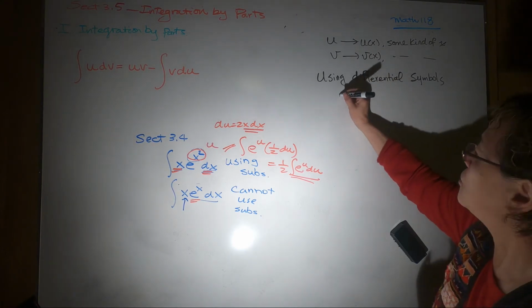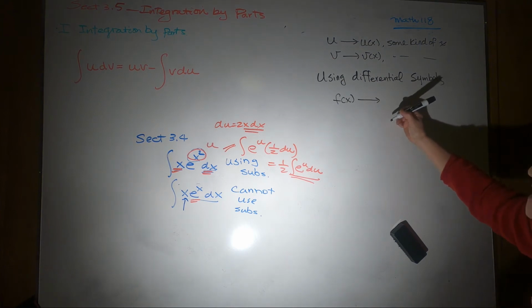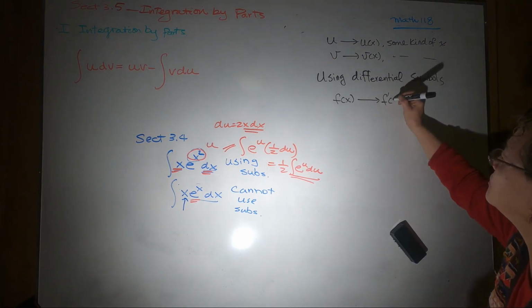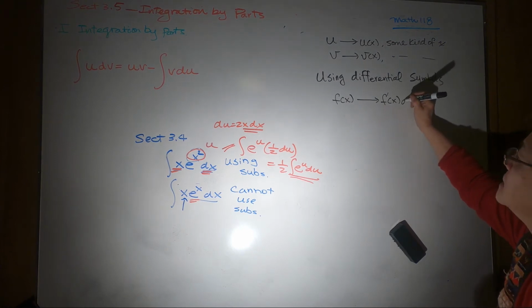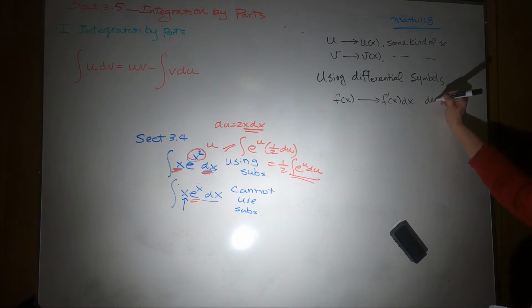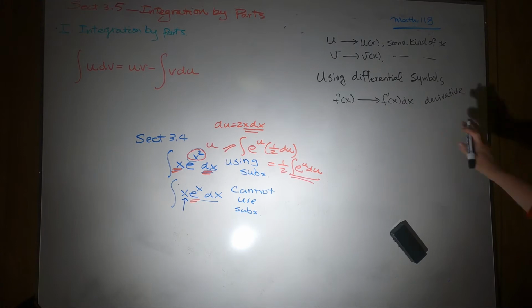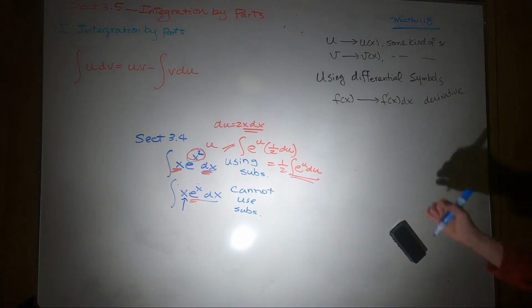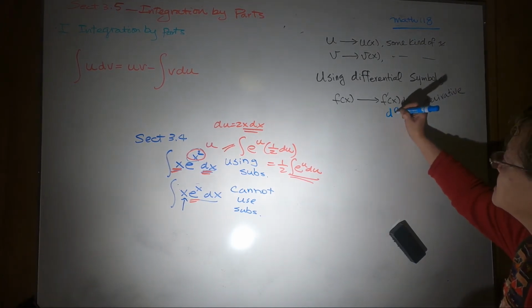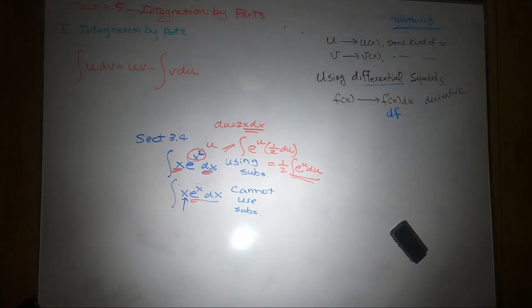Okay, so when we have f of x, right? When we take a derivative, that would be what? f prime of x, right? Against dx. This one, we use the derivative symbol to do that. Then another way to write it, as in the previous section, is as a differential.